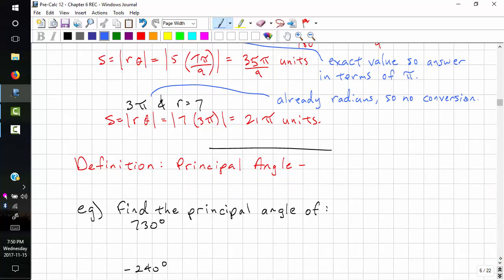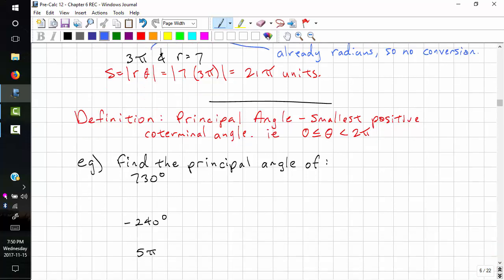Okay, definition of principal angle. You've been given the definition for degrees. Here's one for radians. It's the smallest positive coterminal angle. So that means theta must be between 0 and 2 pi.